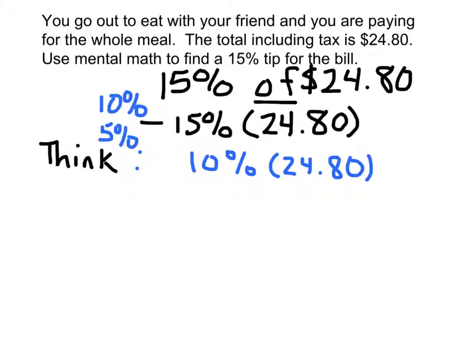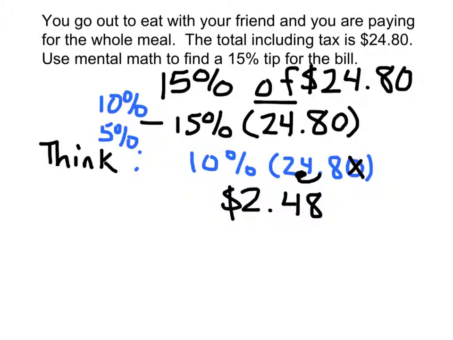Now the 10% is the key in these types of problems because 10% makes easy multiplying. If you remember, multiplying by 10% means to move the decimal one place to the left, so it's now right there. So notice 10% of $24.80 is really $2.48. Since we're talking about money, I just dropped that zero off and added a dollar sign.